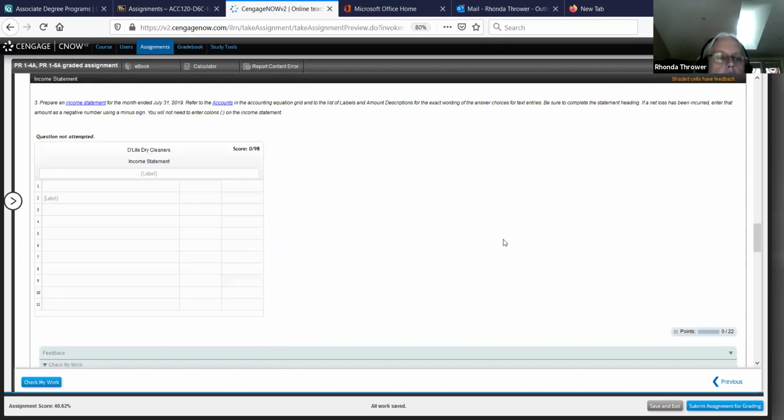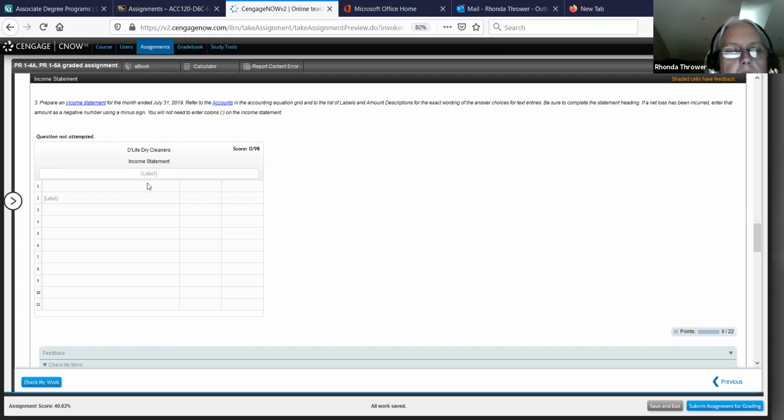I really wanted to show you how to do this because before I had a drop-down list I was choosing from, which is different from what you're going to see. First of all, you always start with the income statement. The income statement heading is going to consist of the name of the company, and notice it has a label there.